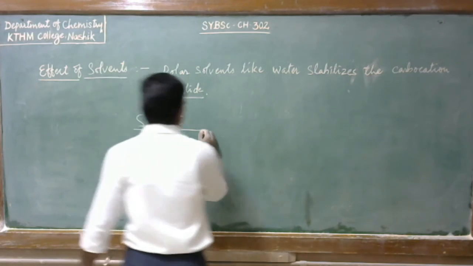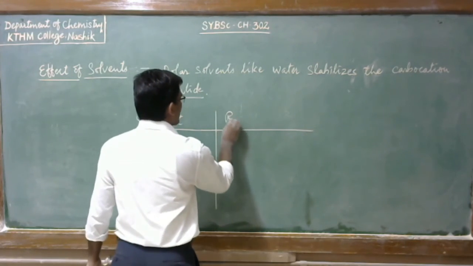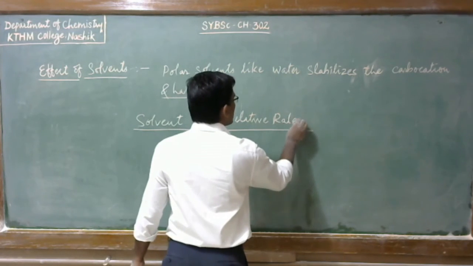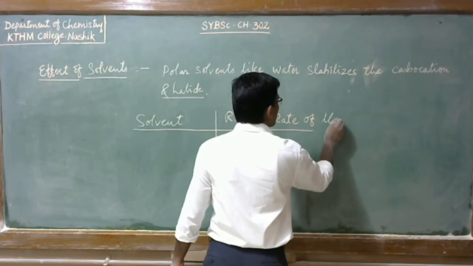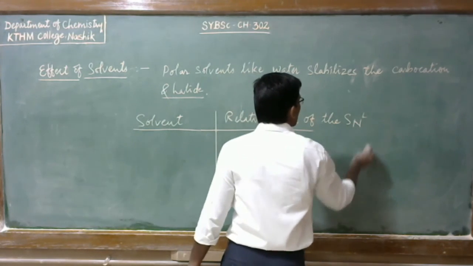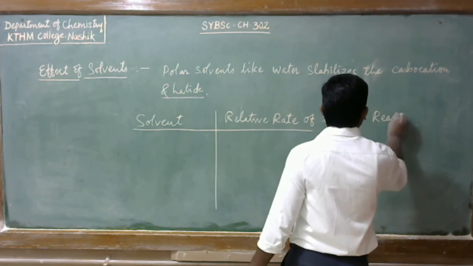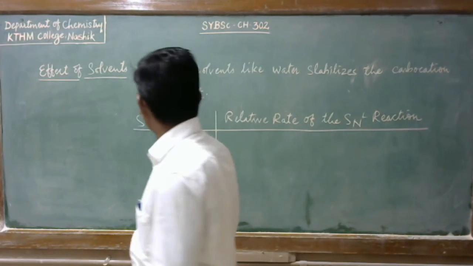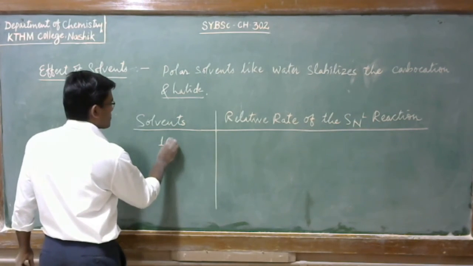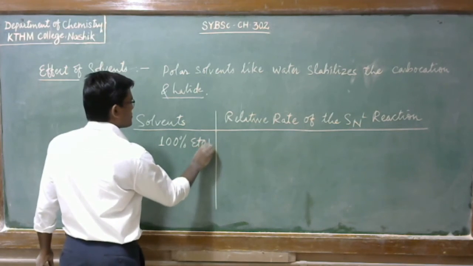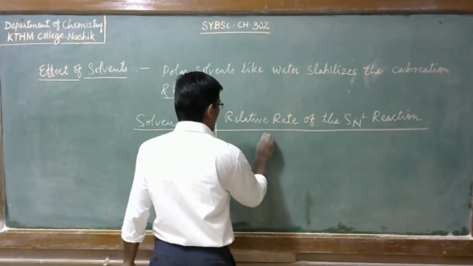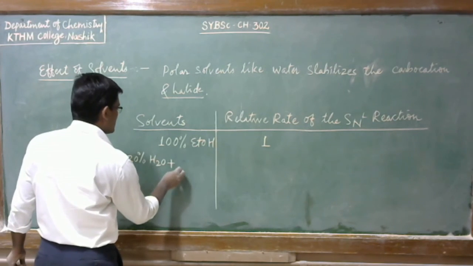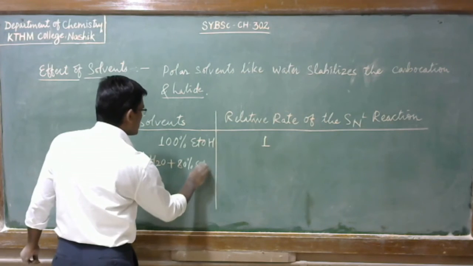solvent and ethanol. So the rate of this reaction will be 10 if 20% water plus 80% ethanol.